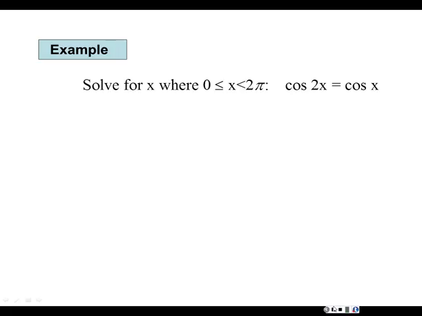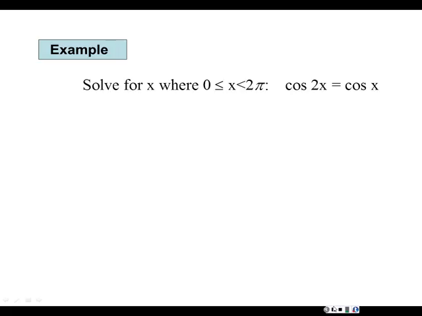So it's 1 plus or minus 3, divided by 4. So the answer is going to be 1 and negative half, right? So you have two possible answers, 1 and negative half.